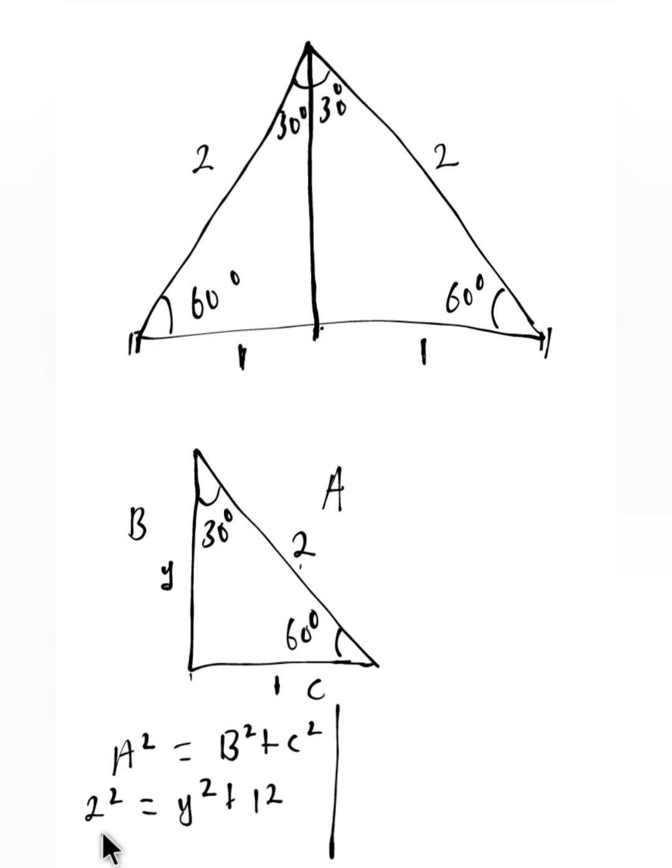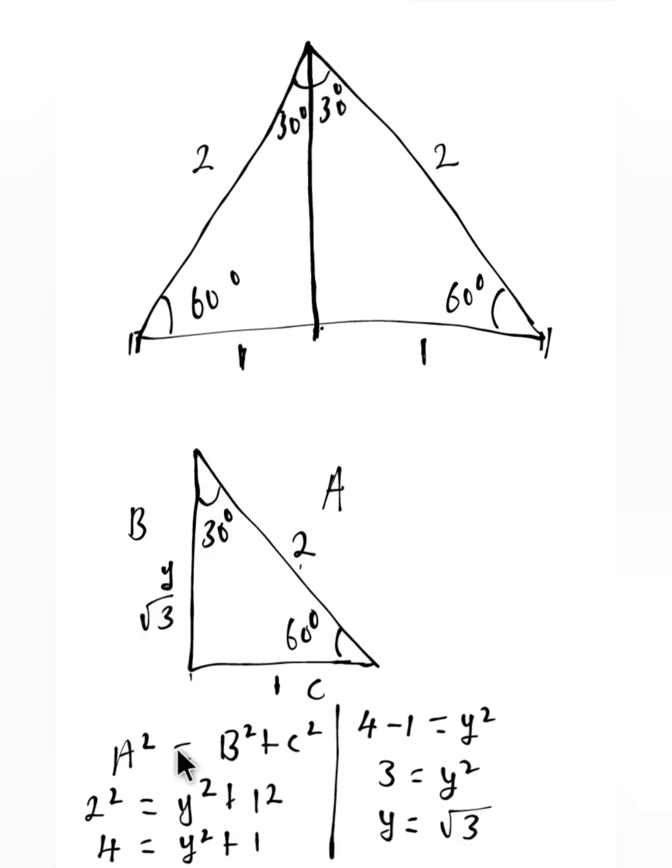This implies that 4 is equal to y squared plus 1. If we take like terms, 4 minus 1 is equal to y squared. Hence, 3 is equal to y squared, and y is equal to the square root of 3. So the distance here is the square root of 3.